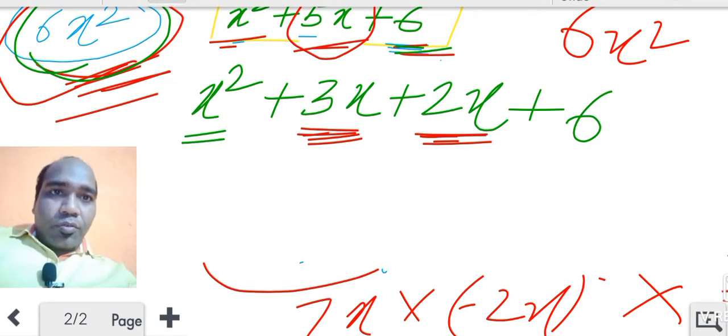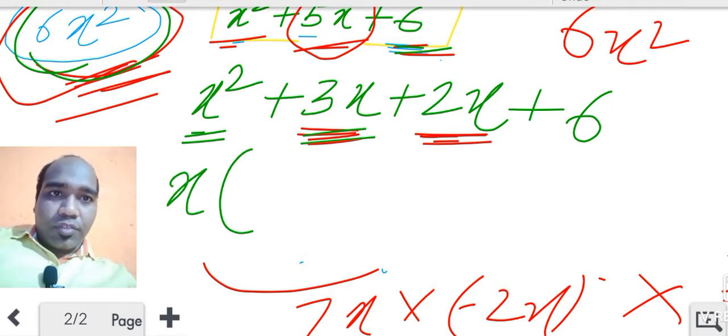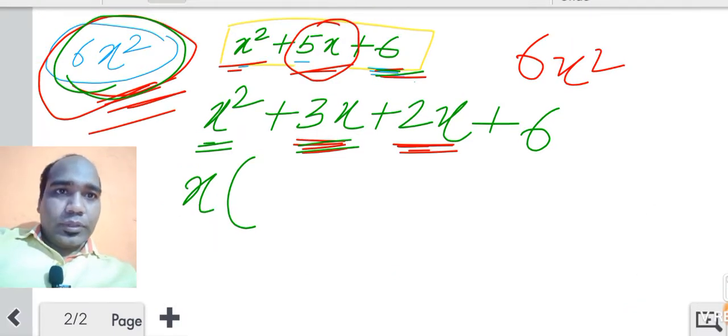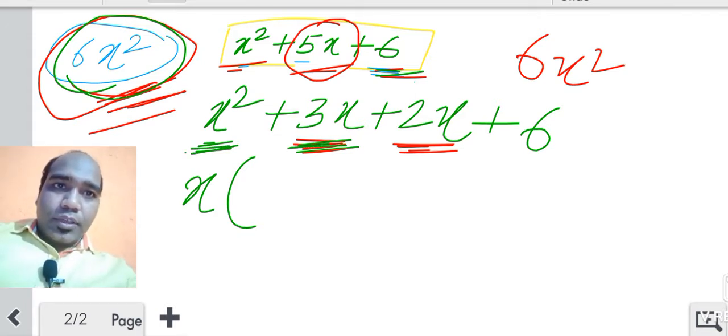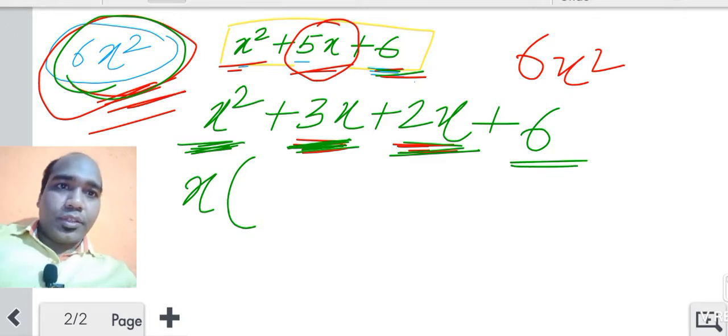Now in x square and 3x we can take x common, since x is there in both. So we take two pairs: x square and 3x together, and 2x plus 6 together.